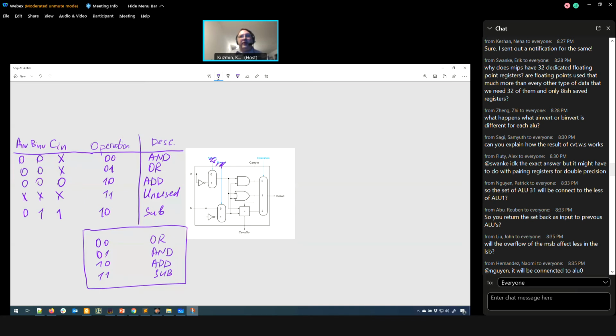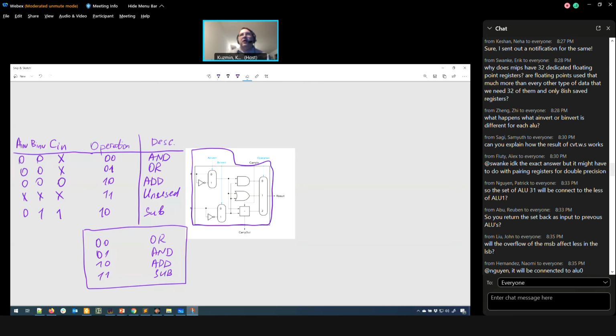So how would you do that? Well, the approach is we actually keep this design, but we make A invert and B invert internal. So A and B are still inputs, carry out is still an output, result is still an output. Operation and carry in are still inputs, but A invert and B invert are now internal signals.